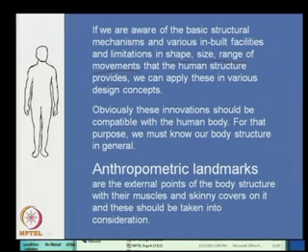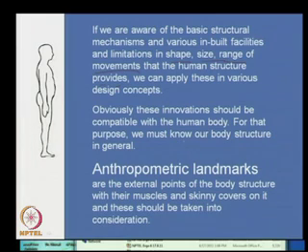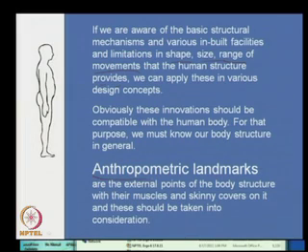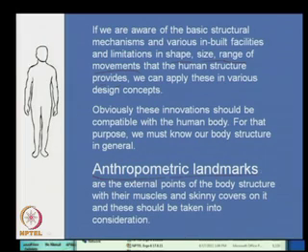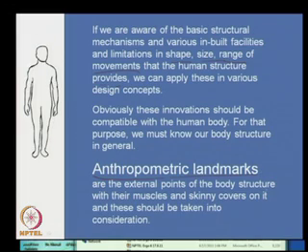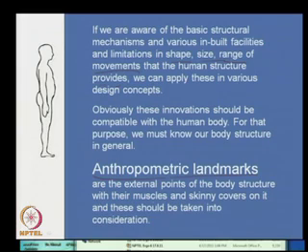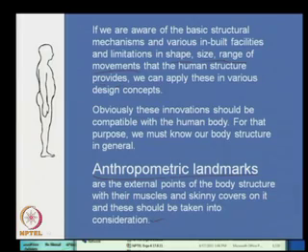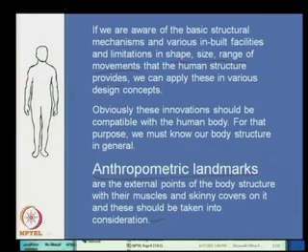For that purpose, we must know our body structure in general. Anthropometric landmarks are necessary to understand. These landmarks are the external points of the body structure with their muscles and skin covers on it, and these should be taken into consideration while making a design attempt.